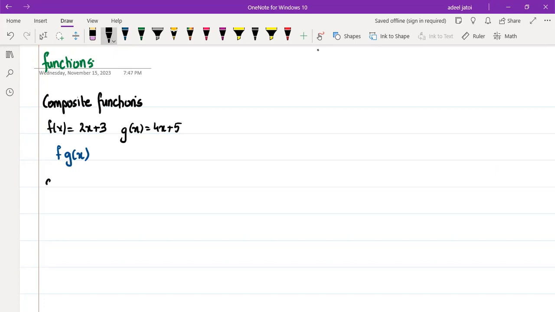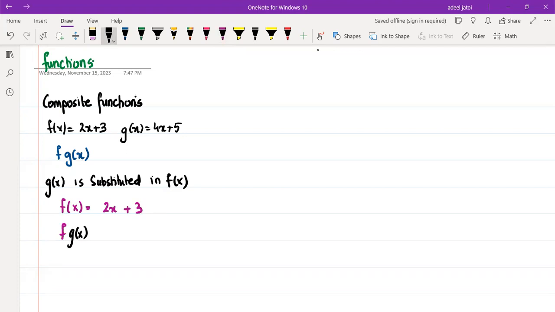Now, f(g(x)), what does this mean? This means that the g(x) function is substituted in f(x). Now, we know that f(x) is 2x plus 3. If we say f of g(x), this particular g(x) means that it has been substituted in this particular x.